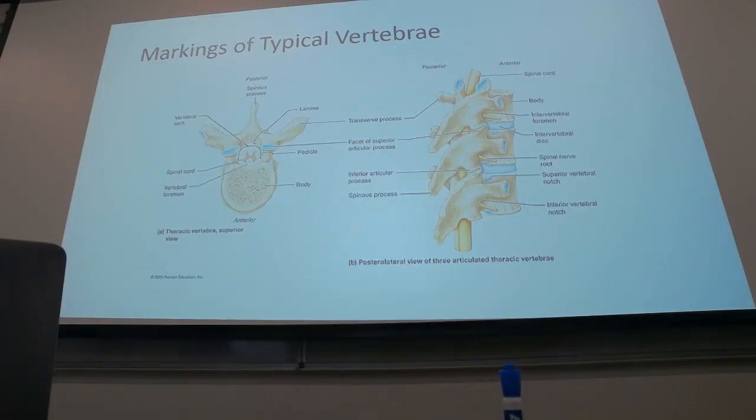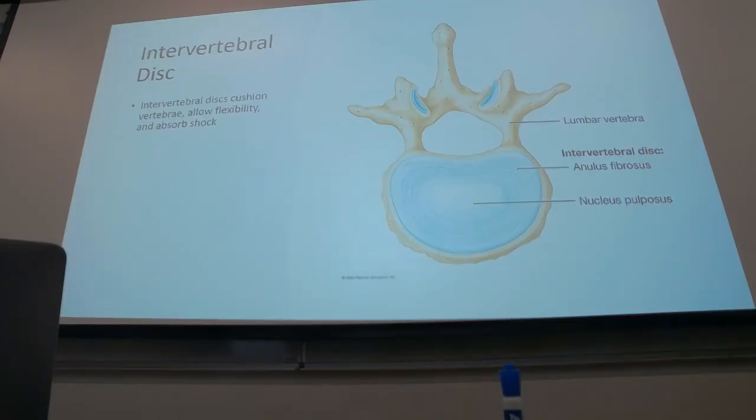Any questions about these views of the vertebrae? So the body of this vertebrae is the one that carries the weight of our body itself. Now for the intervertebral disc, well, it has another part that is called the annulus fibrosus.